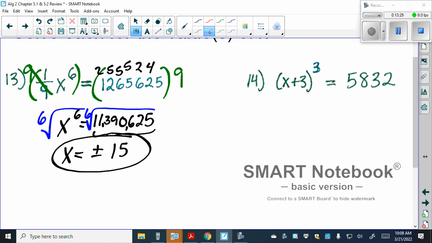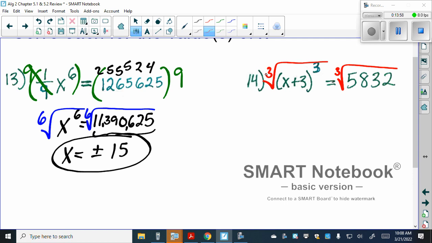Let's look at number 14. 14, we have x plus 3 to the third. Now, there are two different ways we could go about this. One of them is multiplying x plus 3 by itself 3 times, and then trying to simplify that cubic. But since x plus 3 is already by itself, and it's to the third power, the easier way is just to take the cubed root of both sides.